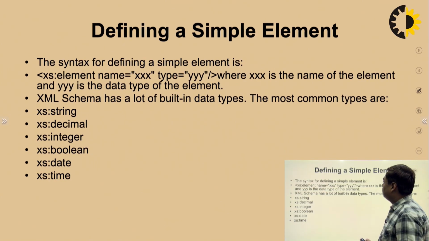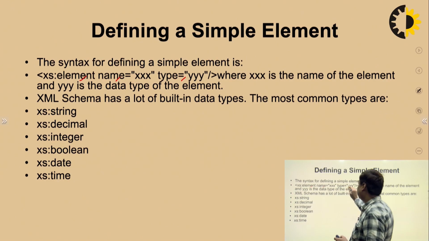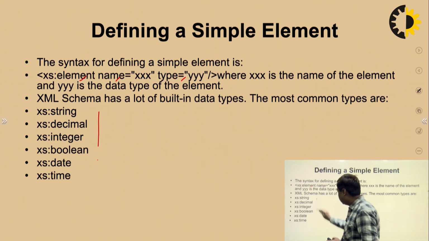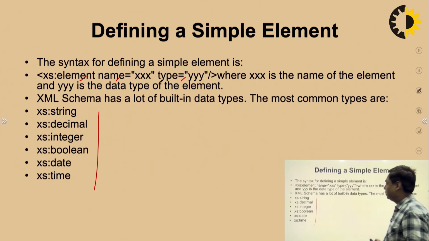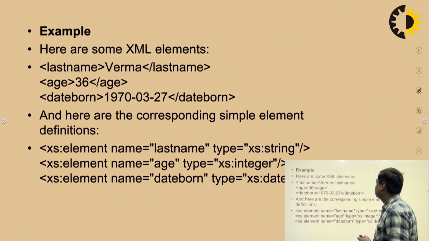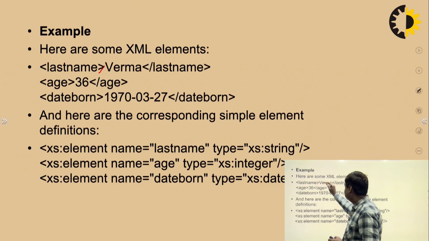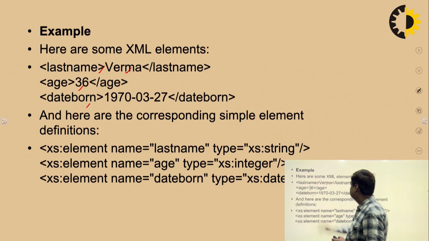A simple element can be defined with the help of this syntax: write the element, then the name of the element, then the type. These are the different types of content that can be included in the element. It can be string, decimal, integer, Boolean, date and time. Some examples: last name, age, date.